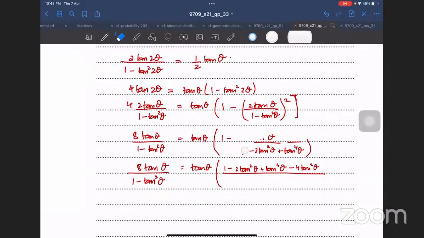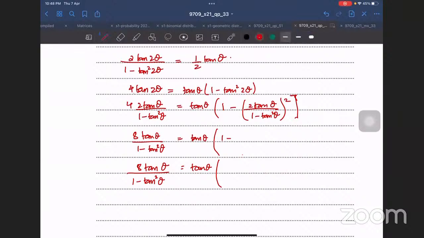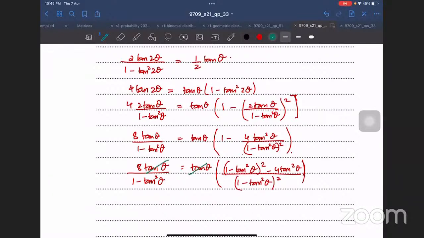Let me just solve this part again to make sure that I solve it in an easier way rather than making it more complicated. So this becomes 4 tan square theta, and this becomes (1 minus tan square theta) whole square. Okay, so taking a common denominator gives me (1 minus tan square theta) whole square minus 4 tan square theta, and what I have in the denominator is (1 minus tan square theta) whole square. Okay, what I see is that some things are being cancelled out, and I should do that so as to reduce the fractions that I have.